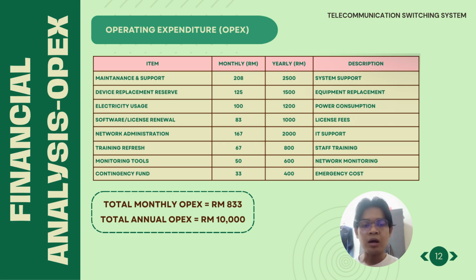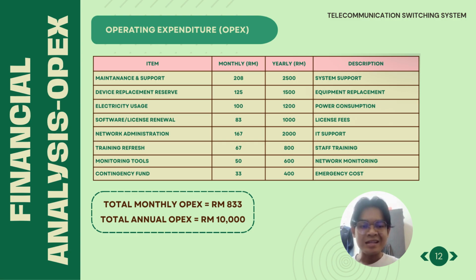We also allocate 2,000 ringgit for network administration, 1,500 ringgit for device replacement reserve, 1,200 ringgit for electricity usage, and 1,000 ringgit for software and license renewal.